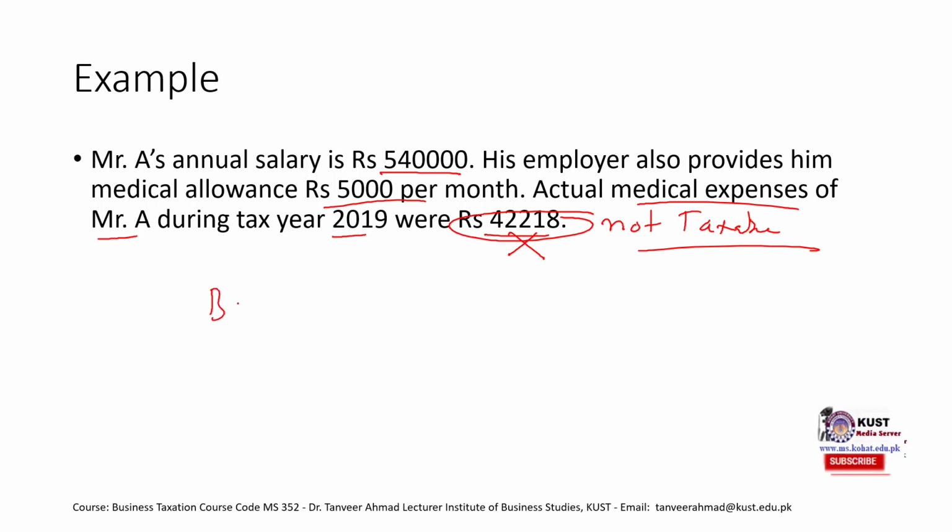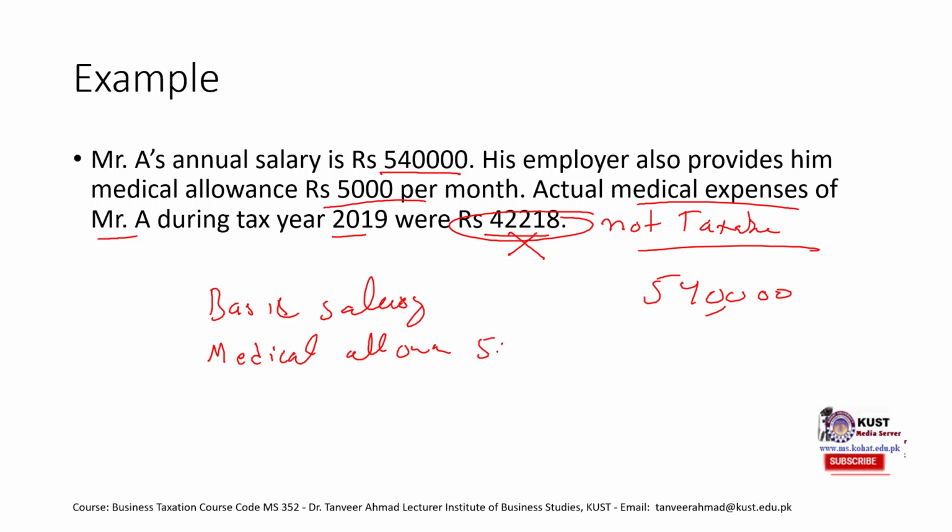So we would first have basic salary, that is 5,40,000. Then we have medical allowance, which is 5,000 into 12, that is 60,000.